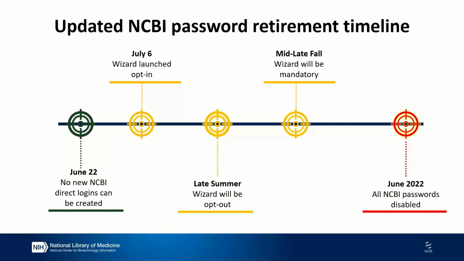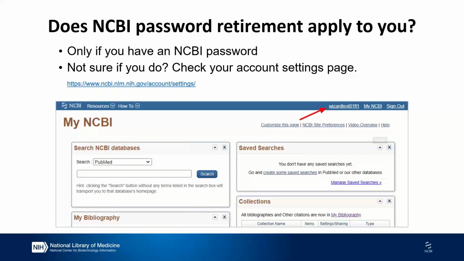And if you would like to access your My NCBI account and you don't have a third-party login linked to it that you can log in with, you'll have to go through a process to recover access to your accounts. I just want to stress here that your account isn't going away, it'll still be there. It's just that if you haven't linked your third-party login, you just won't be able to access it at that time.